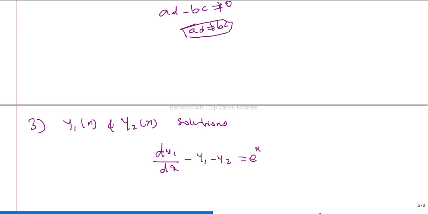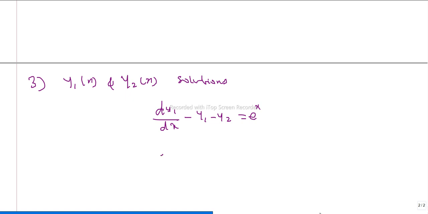And y2 is a solution of this equation, 2 times dy1 by dx plus dy2 by dx minus 6y1 equal to 0.